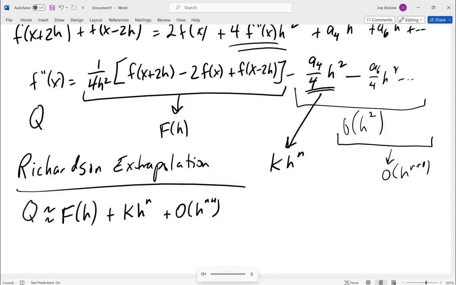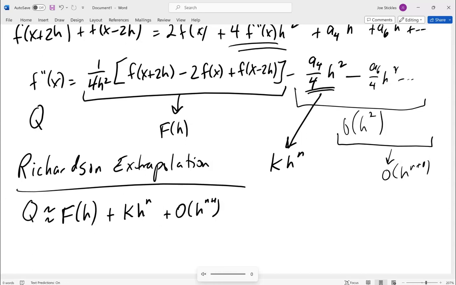All right. So here's how the extrapolation process works. The whole idea of this extrapolation is I want to kill off this h to the n term. I want it to go away. I want to get a new approximation based on the old approximation that has a smaller error term.